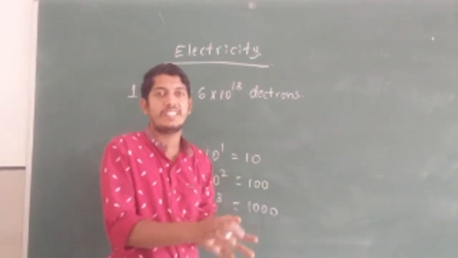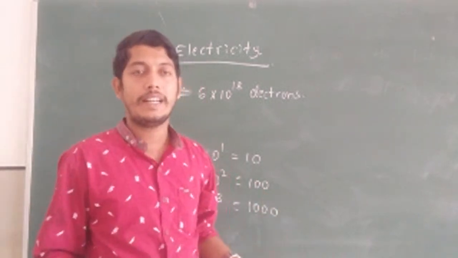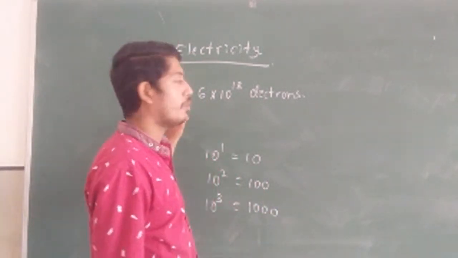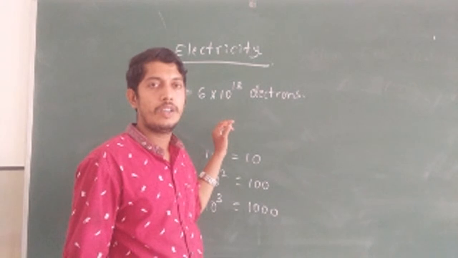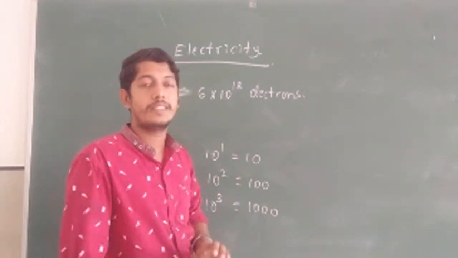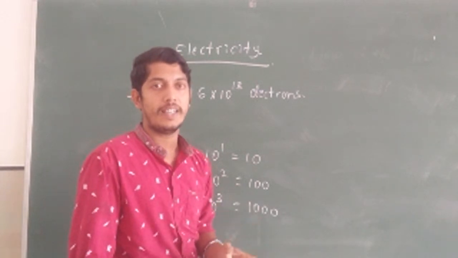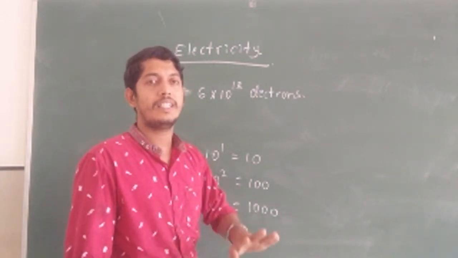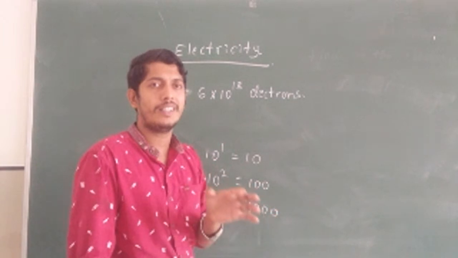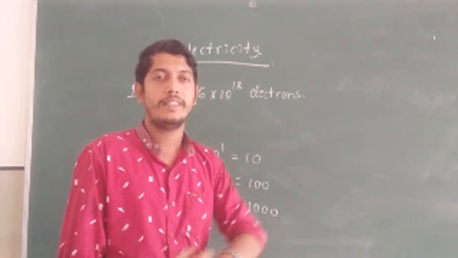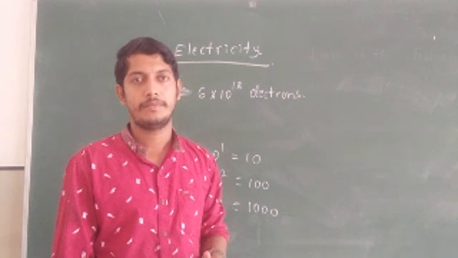Multiplied by 6, that number of electrons gives 1 coulomb of charge. Here they do not say exactly equal, they say equivalent, that means nearly the same.